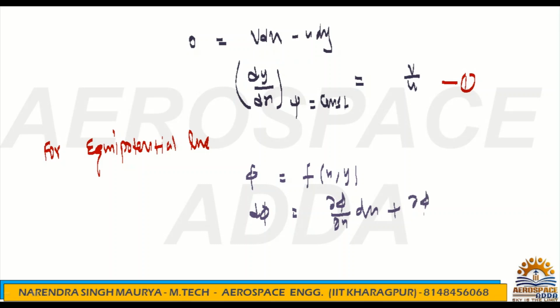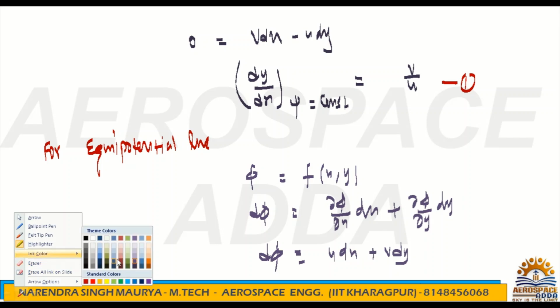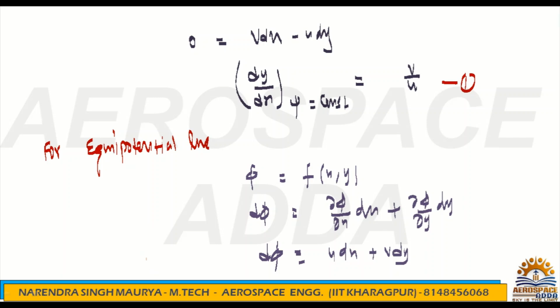Just now I have written it, but it will take very less time, so again I am writing. What is dou phi by dou x? It's u, and dou phi by dou y is v. So d phi is equal to u dx plus v dy.